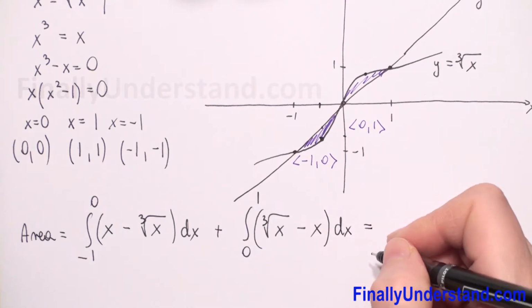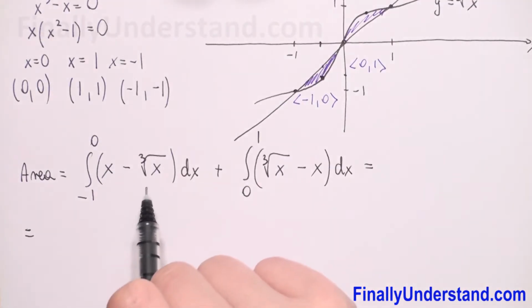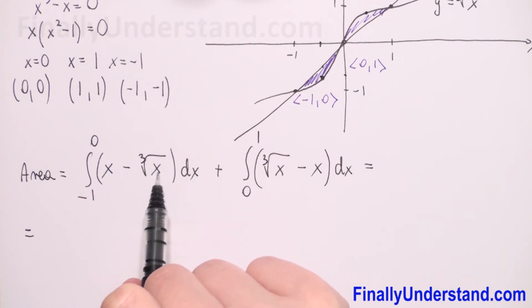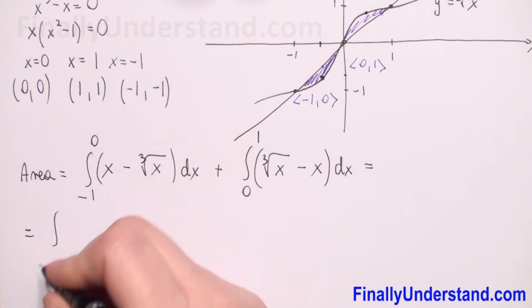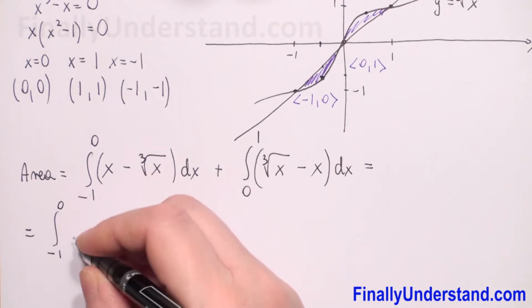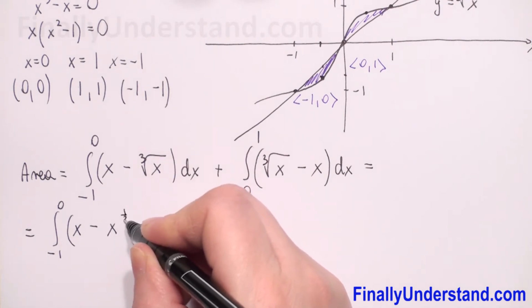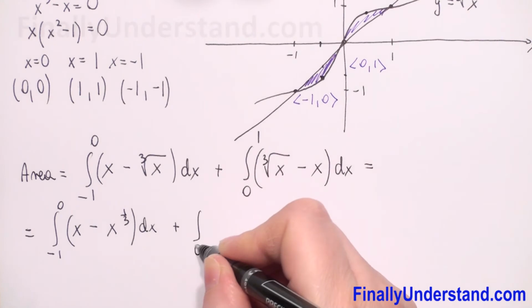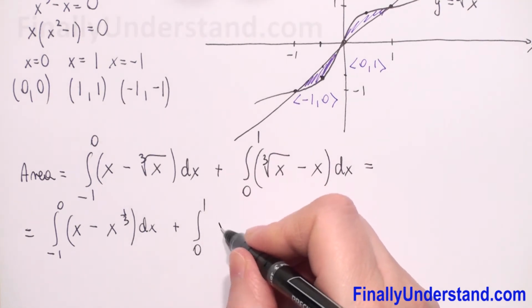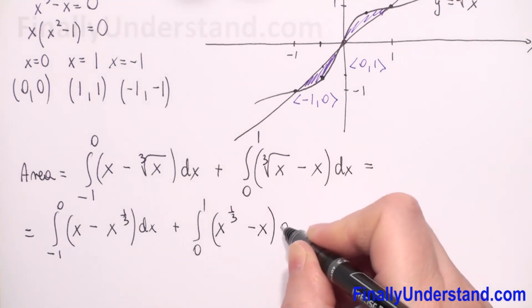First we can change the cube root of x to power form, so it will be very easy to find the integral. From negative 1 to 0 we have the integral of x minus x to the 1/3 power dx, plus the integral from 0 to 1 of x to the 1/3 power minus x dx.